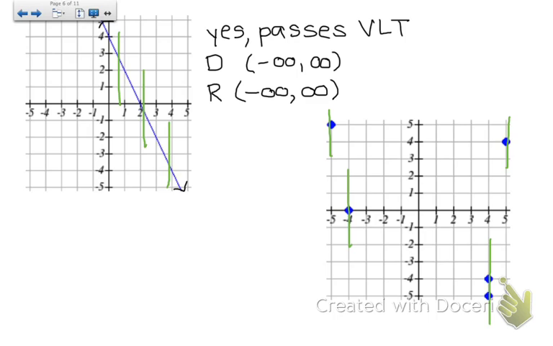So this is not a function. It fails right down here with those two values. So remember that when you're looking at a graph, if you're asked whether or not it's a function, you're going to use that vertical line test. If the vertical line can touch your graph more than once, it is not a function.